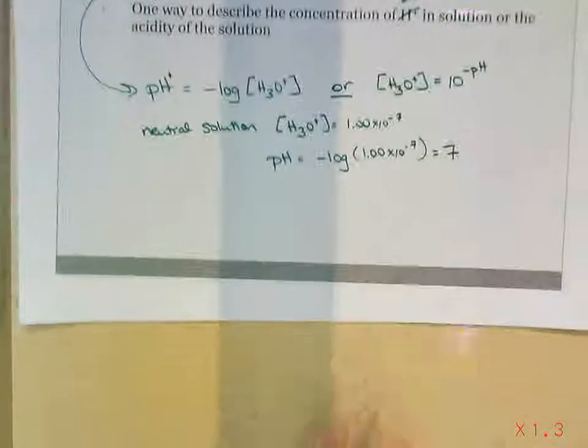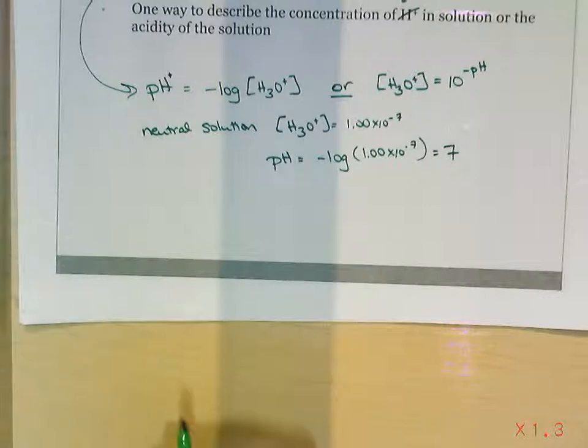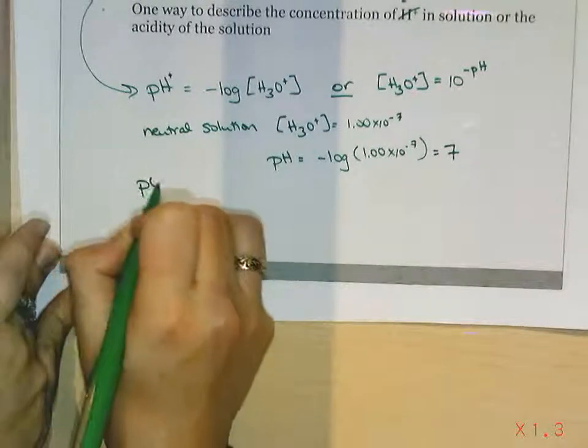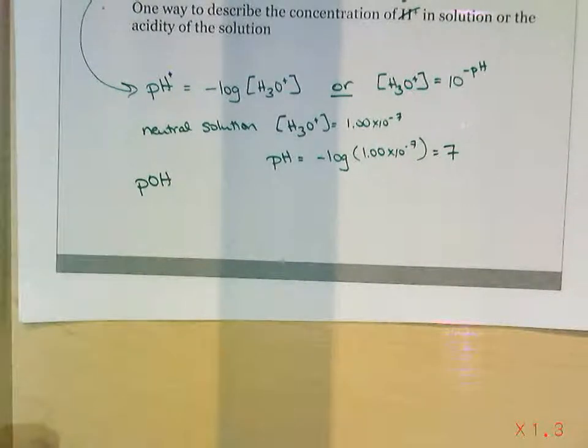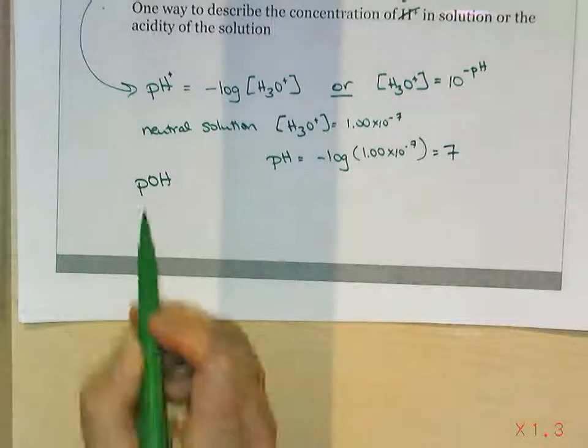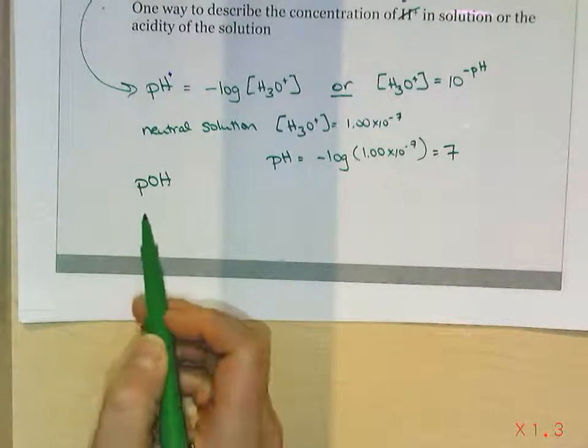That answers half of the questions we have about a solution. Then we also have to think about the pOH. We don't use this very often as a scale, but it's super useful to know how to do. The pH scale is what everyone uses to figure out how much stuff they should add to their swimming pool. But in chemistry, it's just as important to be able to do the pOH, because we want to be able to look at both sides of our reaction.